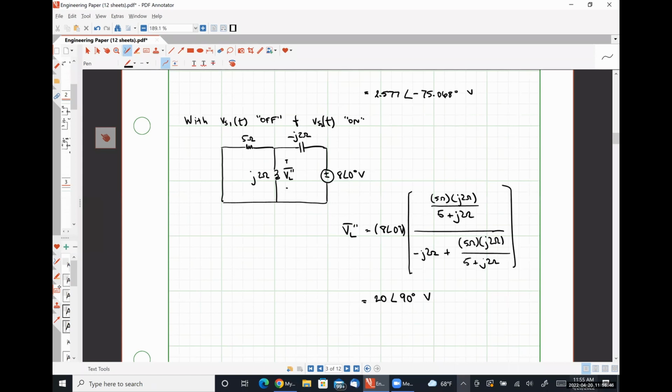Okay, there we go. So 8 times 10i over 5 plus 2i, divided by minus 2i plus 5 times 2, so that's 10i over 5 plus 2i. Yep, 20 angle 90 degrees. Okay.